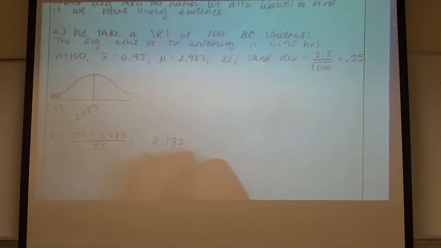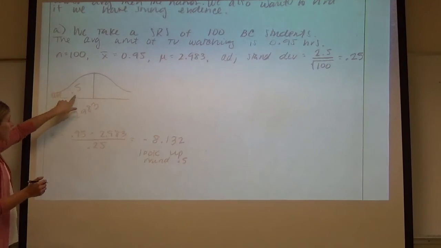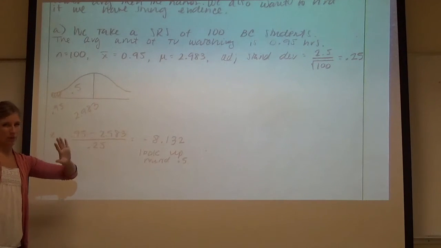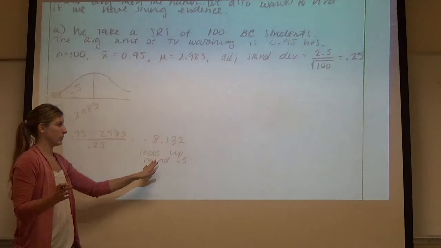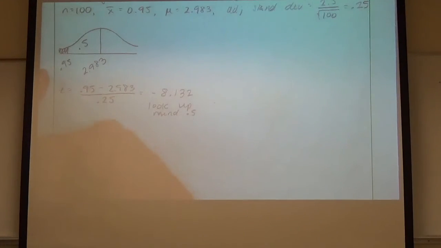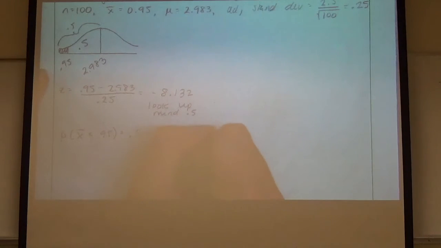Now if I went to look this up, I would just round to 0.5, because remember, if you have something above 3.4 to 3.5 standard deviations, we can just round up for that. So what this would mean is the probability that x bar is less than 0.95 is equal to 0.5 minus 0.5, which is 0.